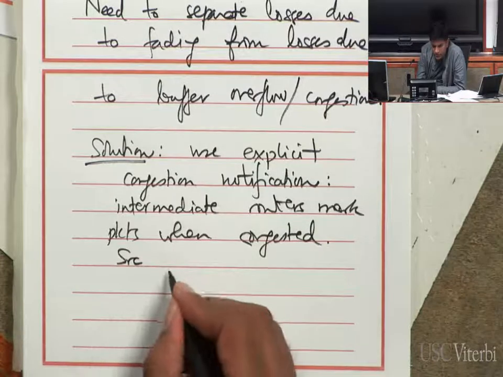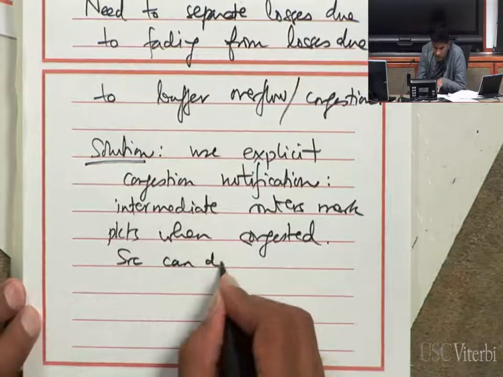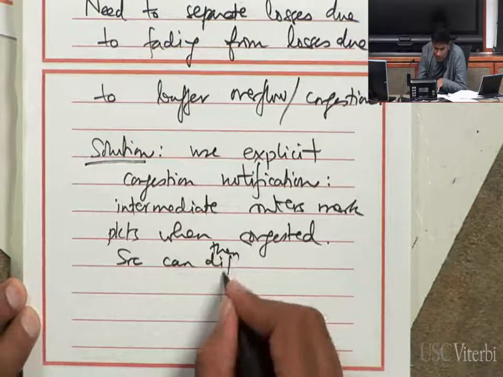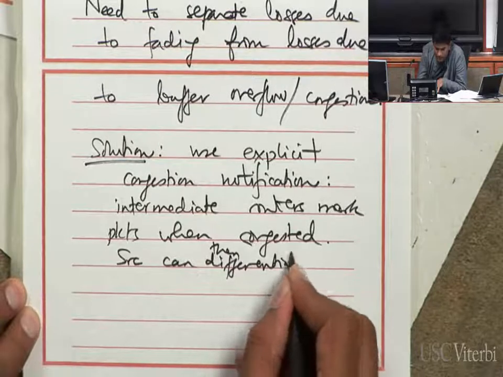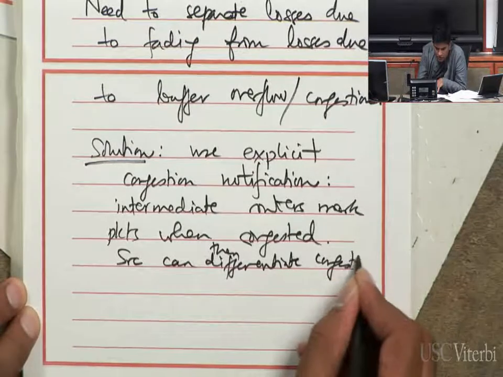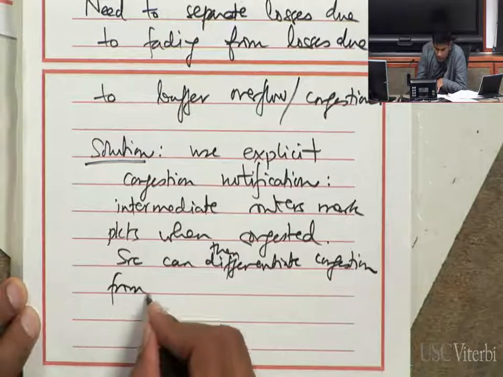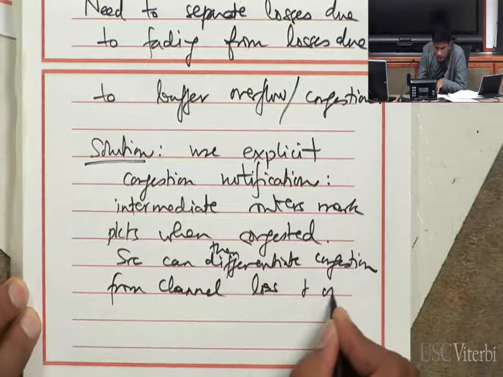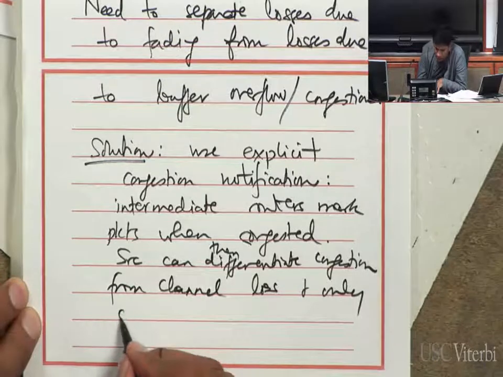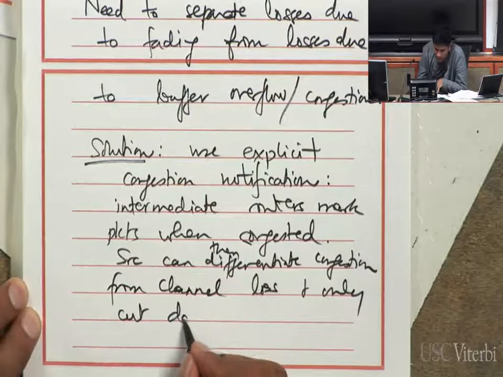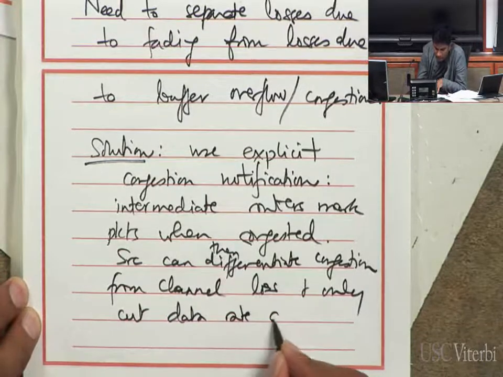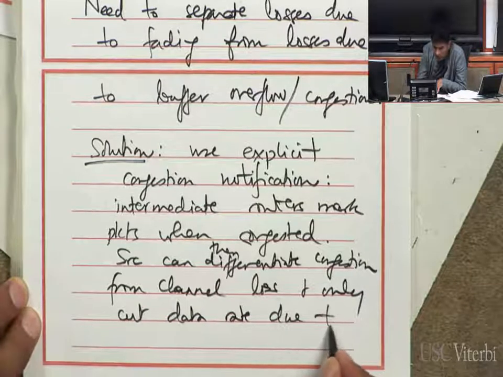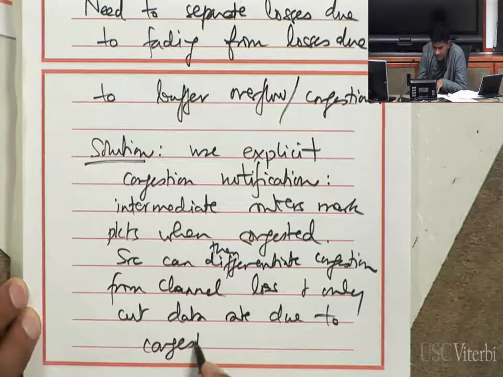So the source can then differentiate congestion from channel loss and only respond and only cut data rate due to congestion events.